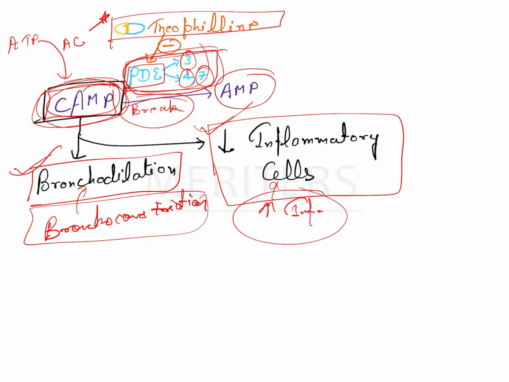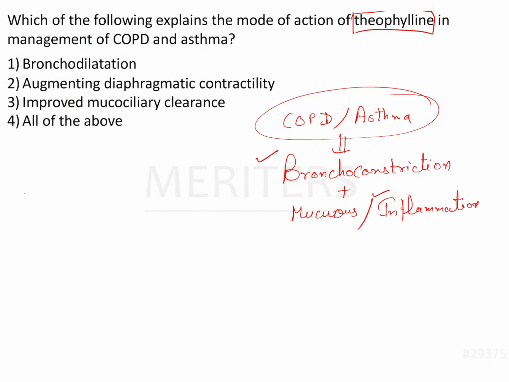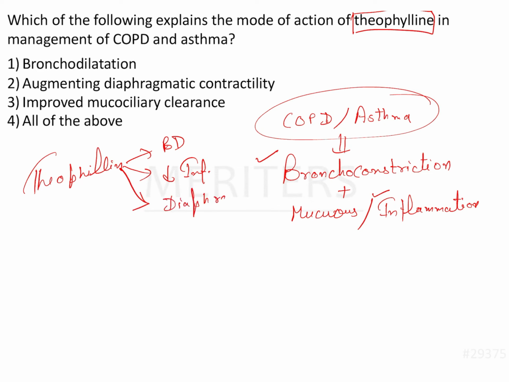So if we go back and try to understand the uses of theophylline, one is bronchodilation, second is a decrease in the inflammatory mediators, third is to activate the respiratory system by improving the diaphragmatic contractility, and at the same time it causes better mucociliary clearance.